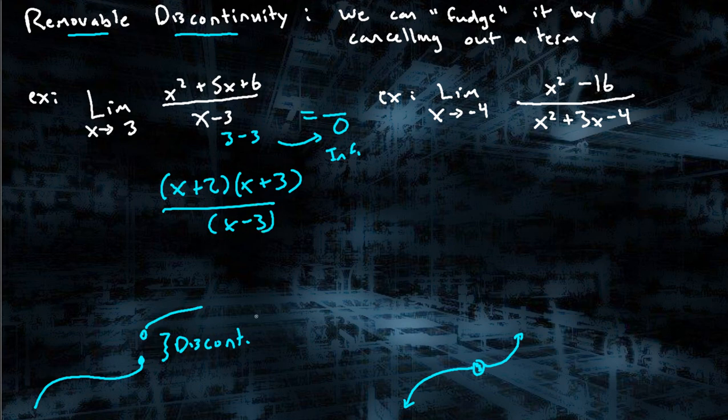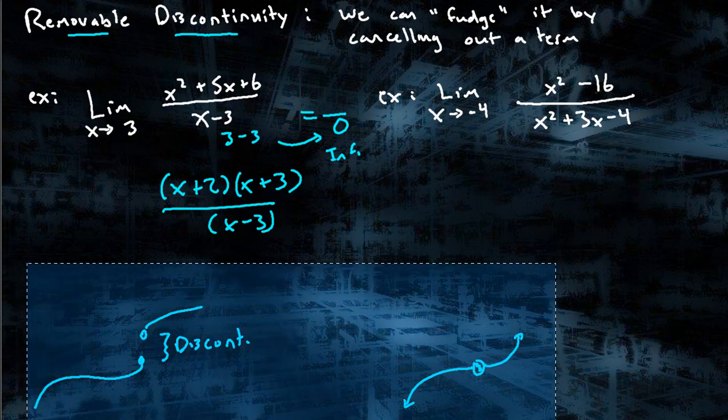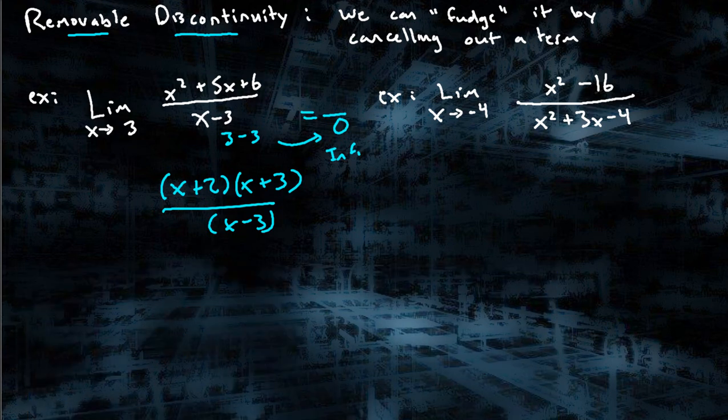So let me change the problem a little bit so that we can remove the discontinuity. So I'll delete all this stuff out of the way. And let's take a look. What if it had said the limit as x approaches 3, and then I had still that x minus 3 down here, but perhaps instead I had x squared minus 2x minus 3.